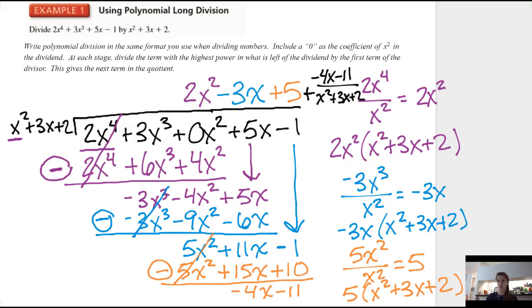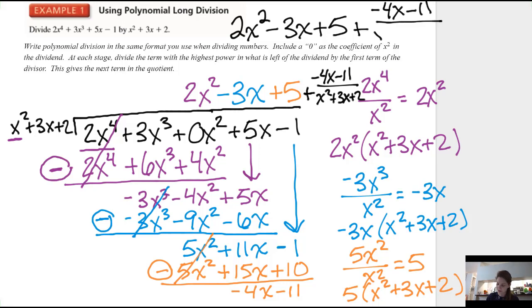Let me just write this answer one more time. The answer to this polynomial division is my quotient, which is 2x squared minus 3x plus 5, plus my remainder, which is negative 4x minus 11 over x squared plus 3x plus 2.